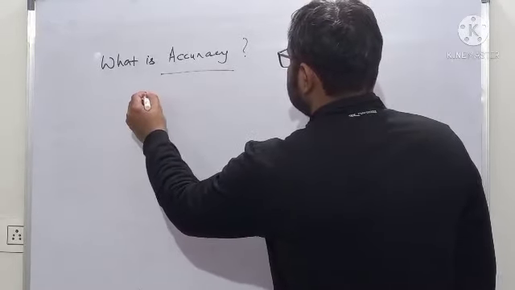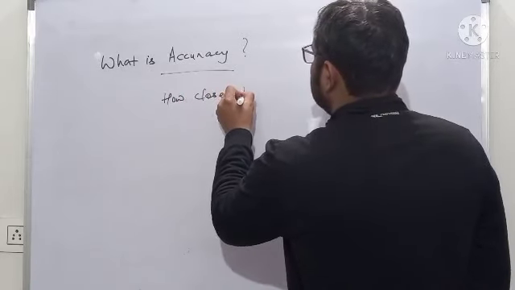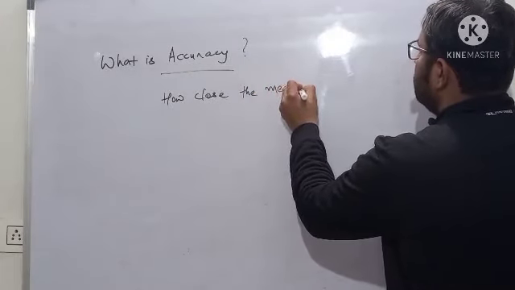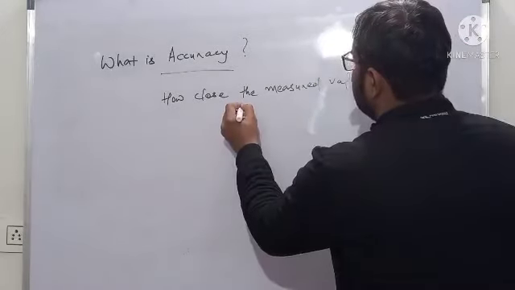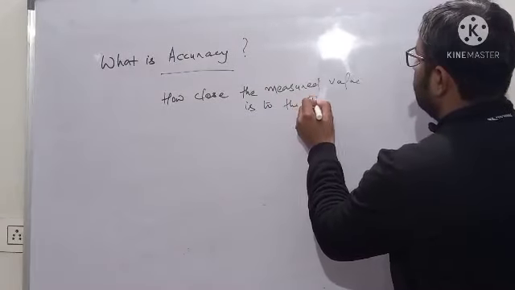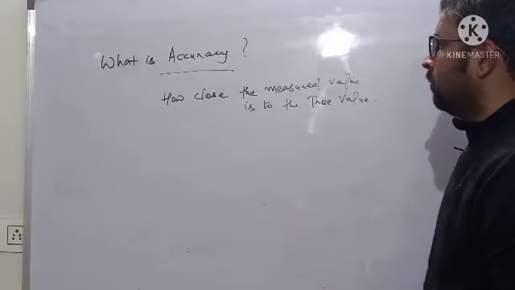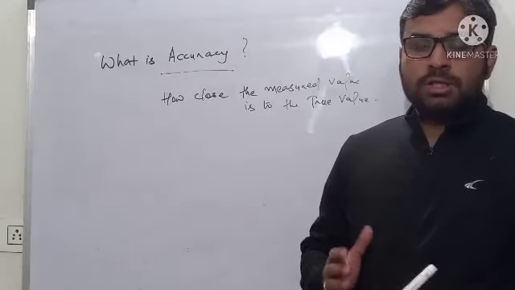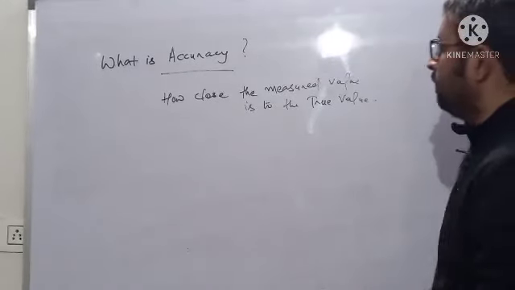So accuracy is how close the measured value is to the true value. Like how much is the gap? Is the gap very small, very large, or what is it? So let us take an example.